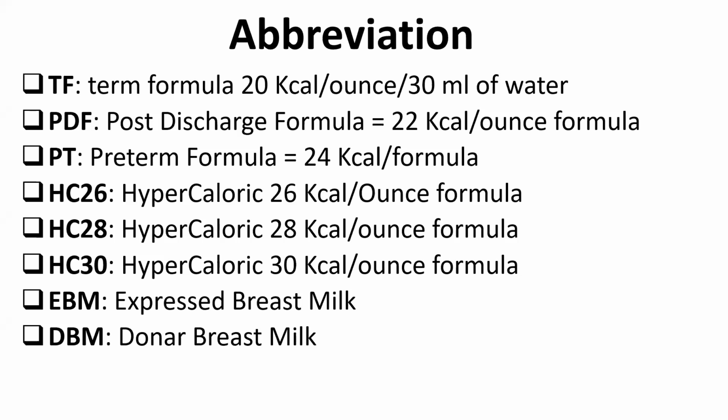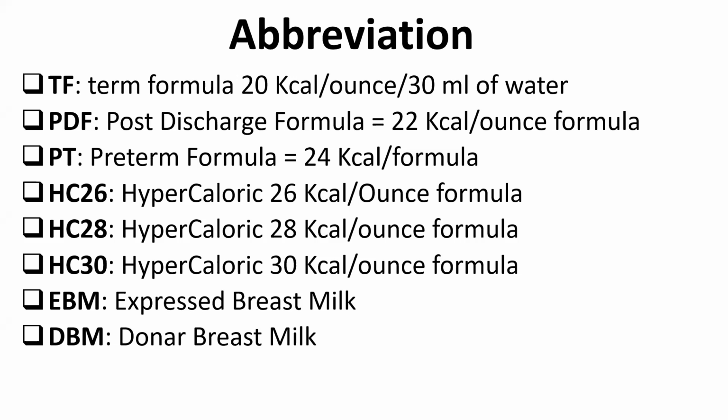How much do you get? 0.666 something, right? Multiply by 100. How much do you get? It will be 66. So look at the content of the milk in 100 ml. If you find it 66, then it's a term formula.